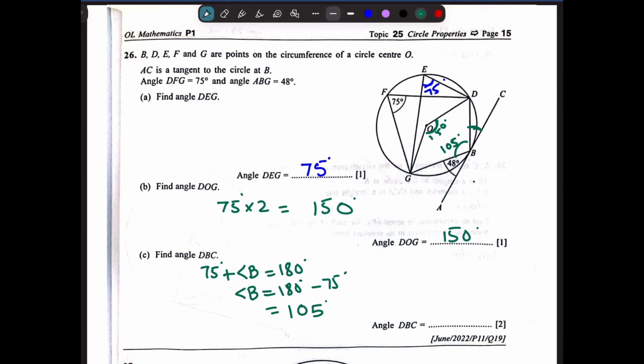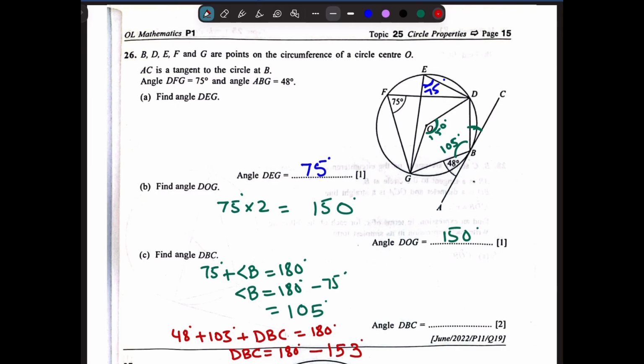So 48 plus 105 plus angle DBC should be equal to 180 degrees. So DBC is 180 minus 153.